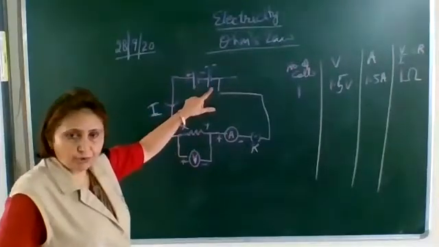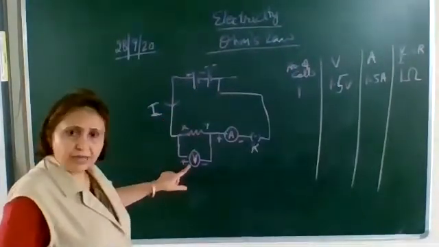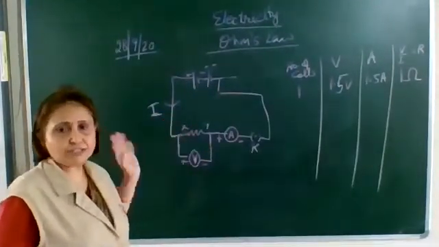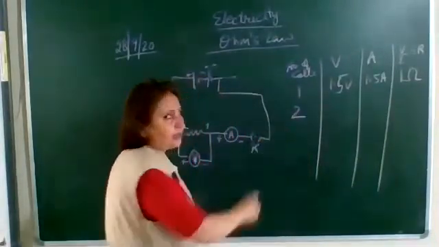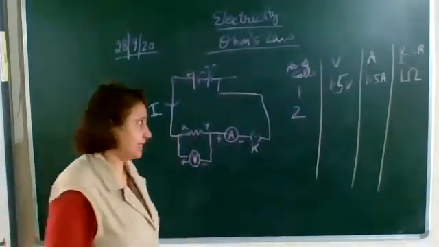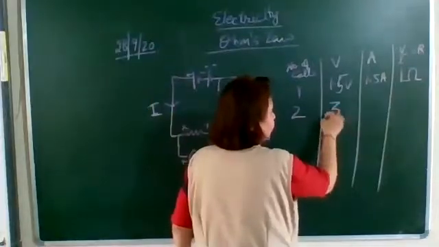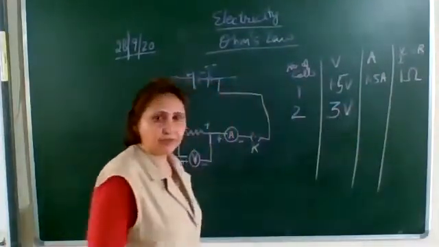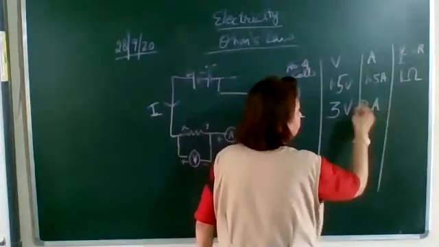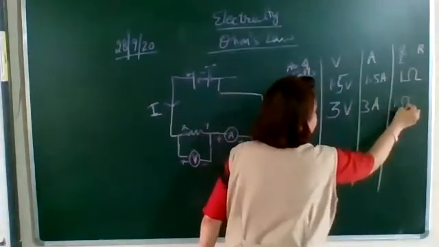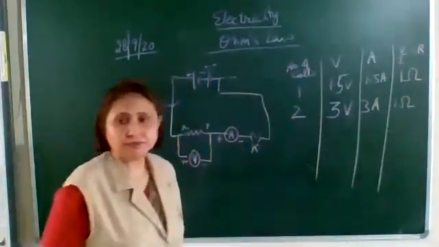So the voltage source is 3 volt and let the potential difference across this XY wire also be 3 volts. Let the voltmeter measure 3 volt. Suppose the current is also 3 ampere. Again, the V upon I ratio is 1 ohm.